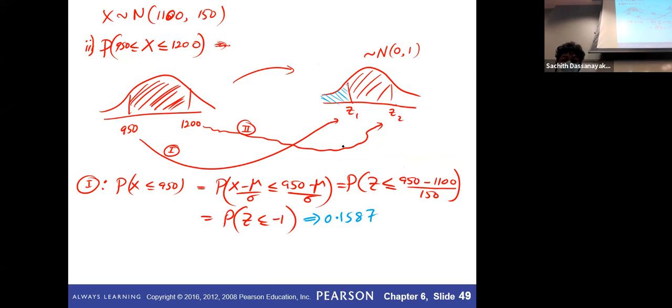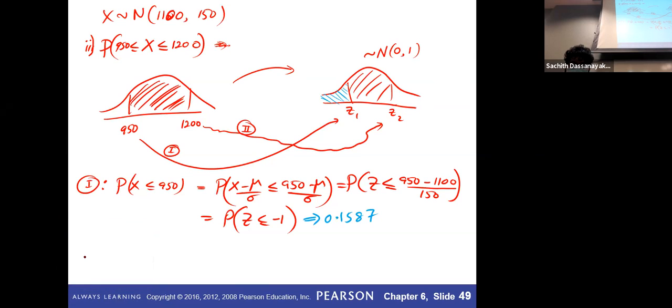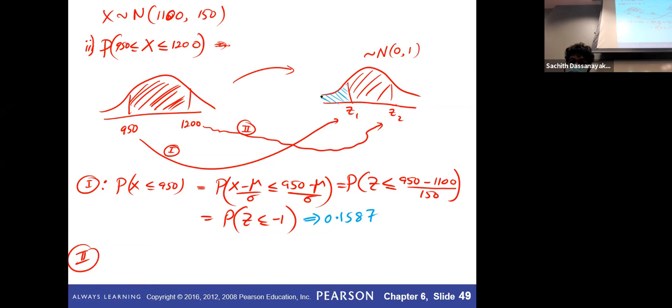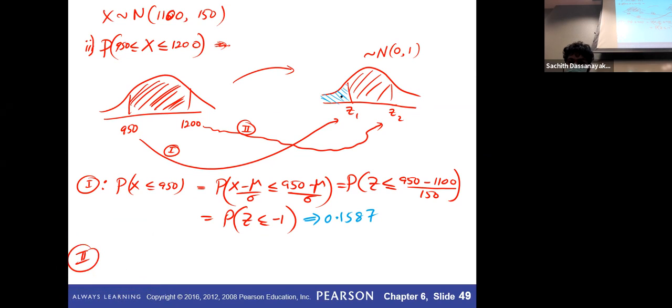Now next one. I'm going to find the other area. This area, I think you can see this yellow, purple color. I'm going to find this area. So probability of capital X less than or equal 1200.